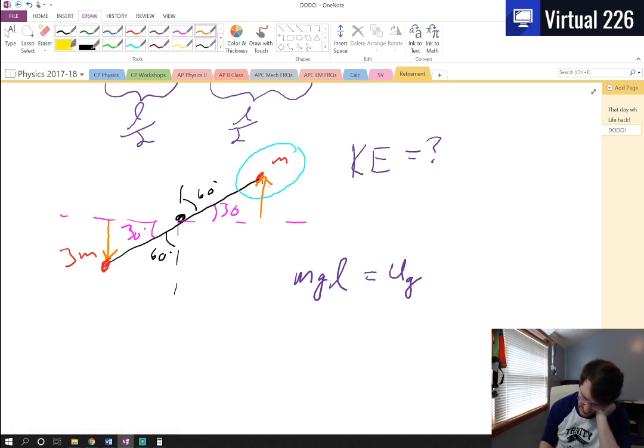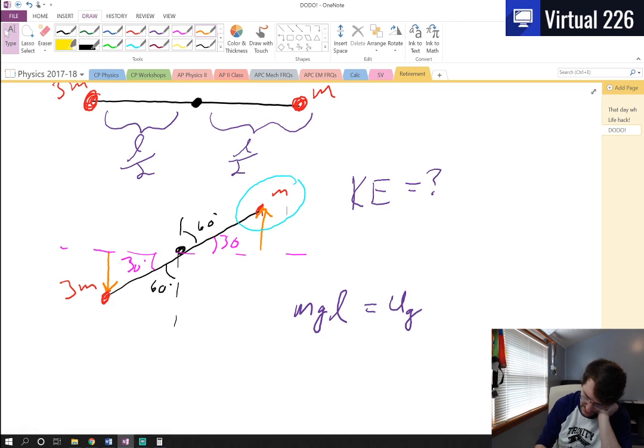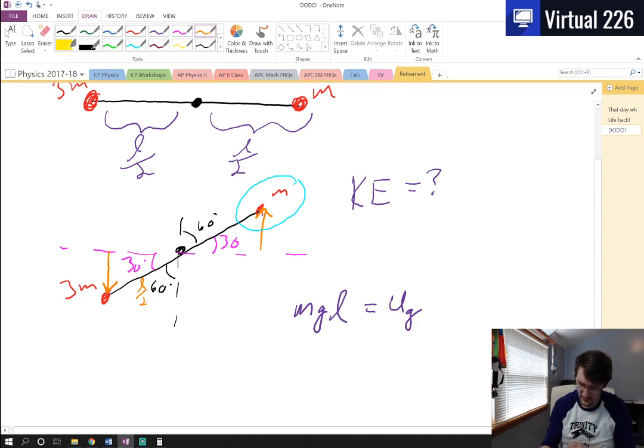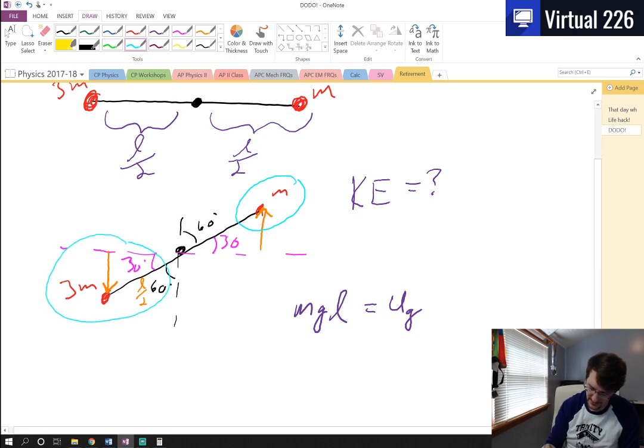So with these distances being L over 2 on the hypotenuse, we can say that on our left side of things here, using this equation, we've got 3m times g, and then the distance it fell is actually the hypotenuse, which is L over 2, multiplied by the sine of 30, because that will give us this distance right here.